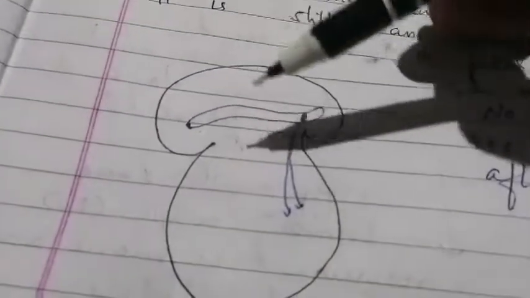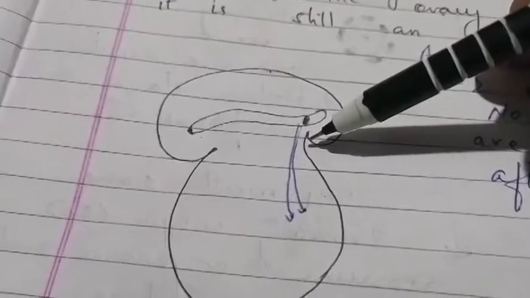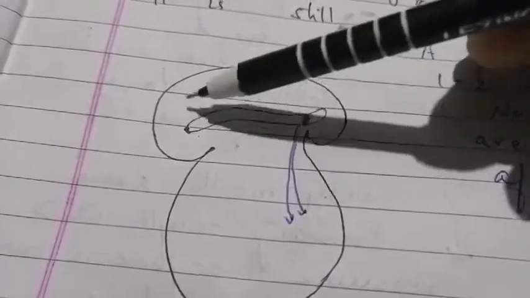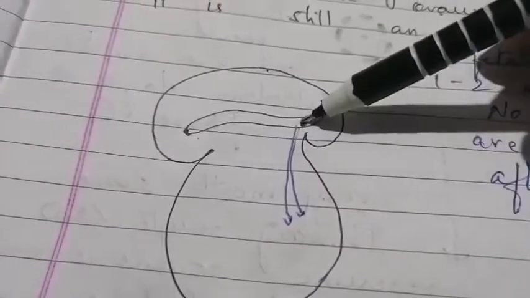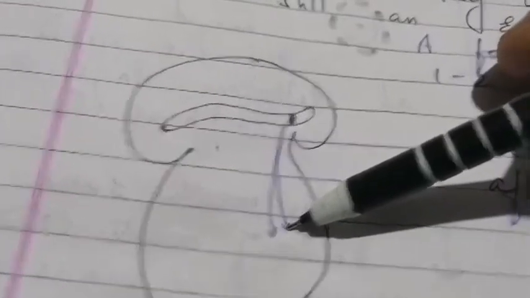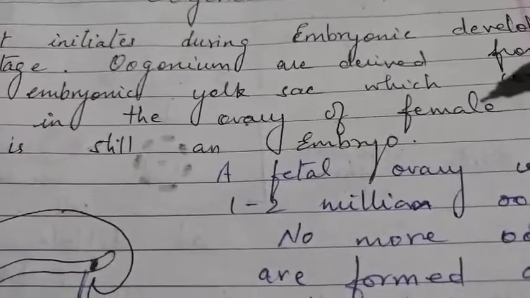Now I have shown you a stage here, and during the 4th week of embryo development, what happens is that this is the yolk sac, and from here your germ cells, your primordial germ cells, they migrate to the fetal ovary.